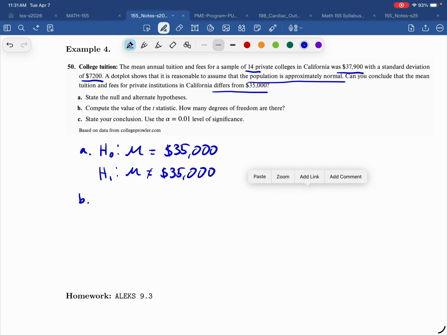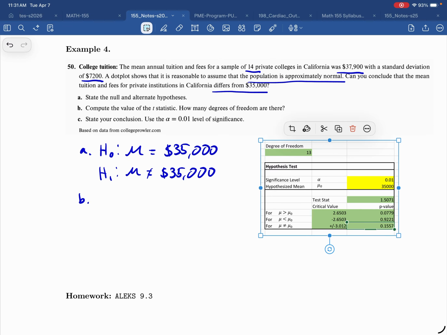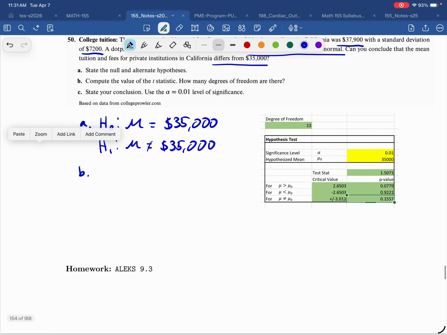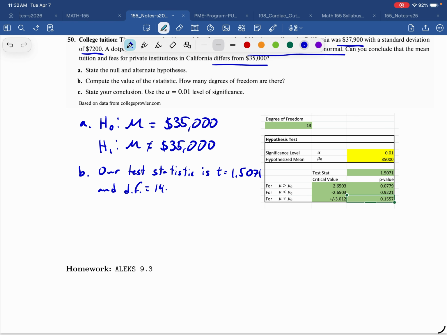Maybe stick this over here. And I guess we'll just say for part B our test statistic is t equals 1.5071 and degrees of freedom equals 14 minus 1, which equals 13.